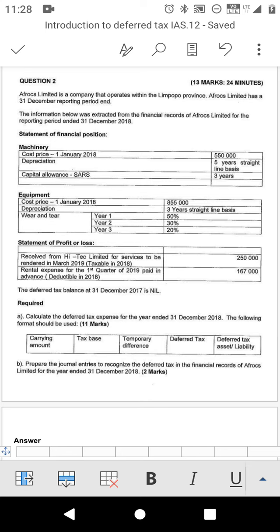This is income received in advance. Then number 2, rent expense for 1 quarter of 2019 paid in advance. So we have income received in advance, and we also have a prepaid expense that has been paid in advance.